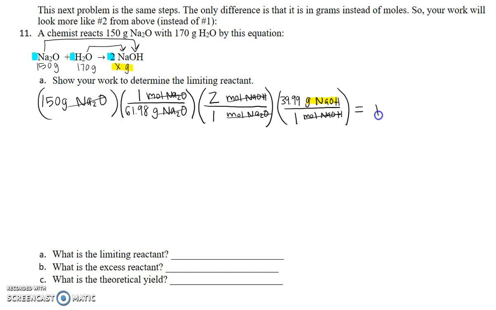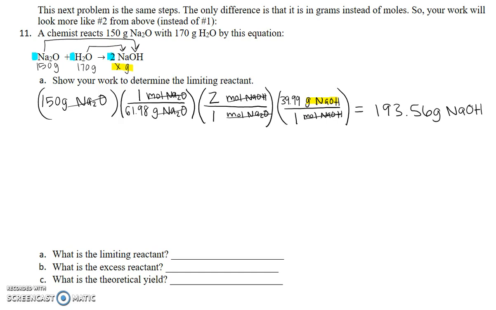The answer that I get is 193.56 grams of NaOH. So if I use all of my Na2O, that entire 150 grams, I can produce 193.56 grams of sodium hydroxide.